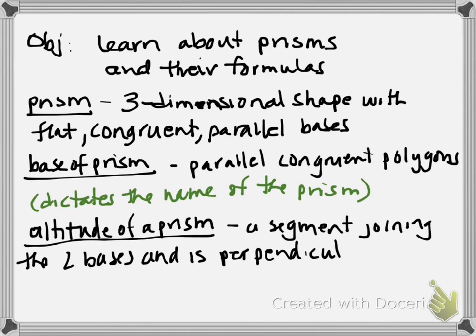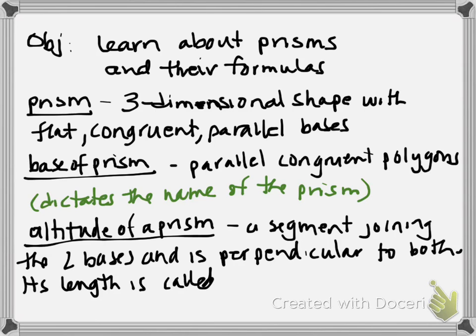So we know altitudes are perpendicular, but in this case it needs to be perpendicular to both bases. Now we cannot do any calculations with an altitude because it's an object, so we do calculation with its measurement. So its length is called the height. And it's the height that we're going to use in our calculations.